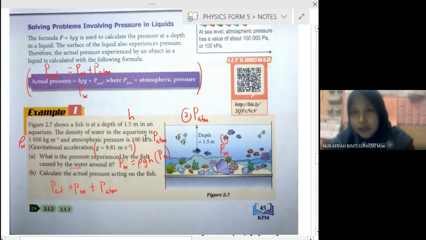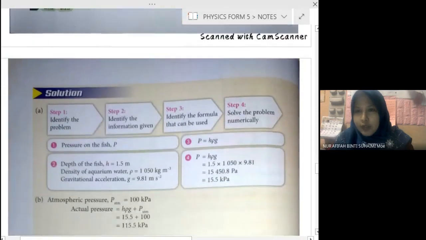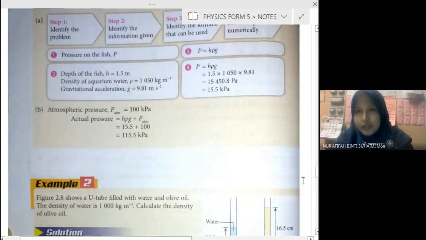Be careful with the unit or prefix used, or you might forget to convert. In the solution, with 1.5 meter, density and gravity, we have 15.5 kilopascal. To find the actual pressure, you just add the atmospheric pressure 100. So the answer is 115.5 kilopascal.